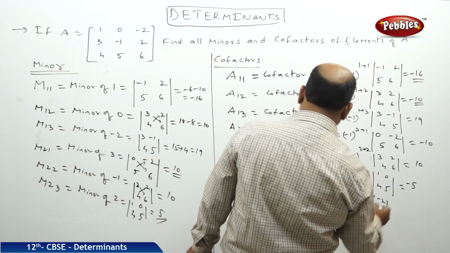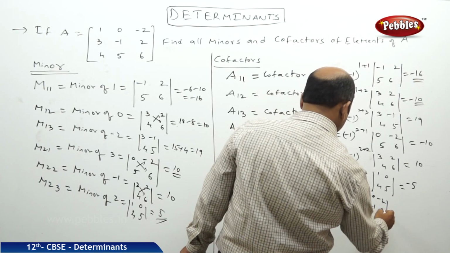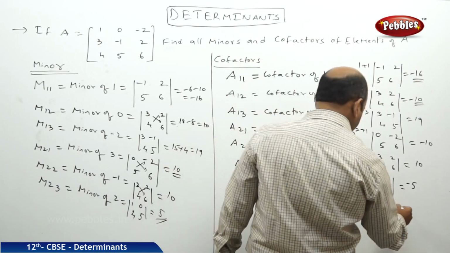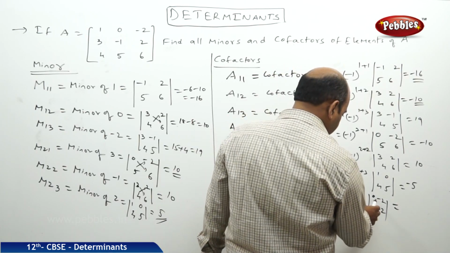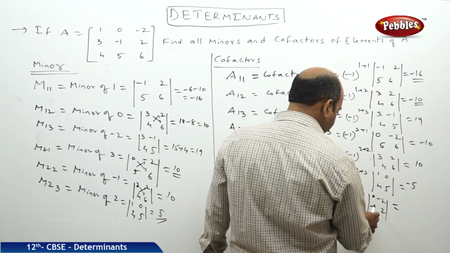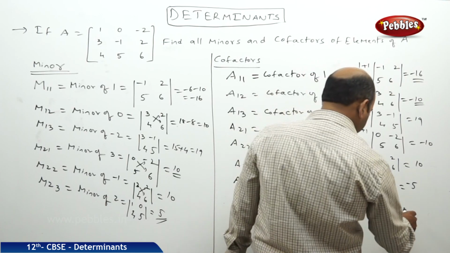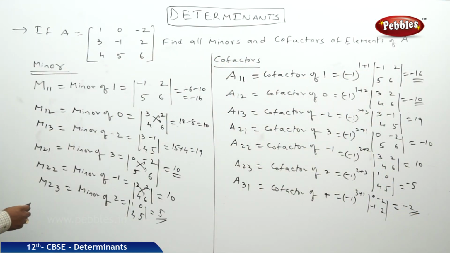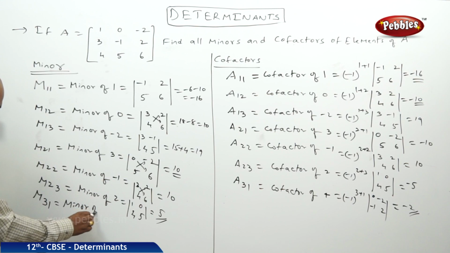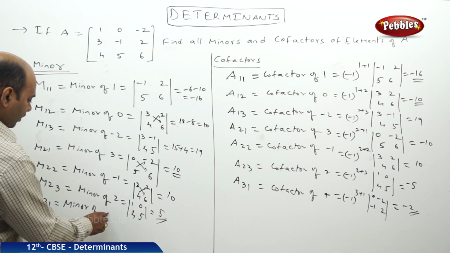So that is equal to minus 1 to the power 4 is 1. And here 0 into 2 minus of minus 2. So it becomes 2. Therefore, directly I am writing here, M31 means, as place is not sufficient, I am writing here minor of 4.